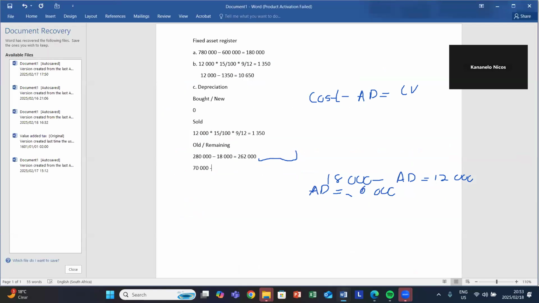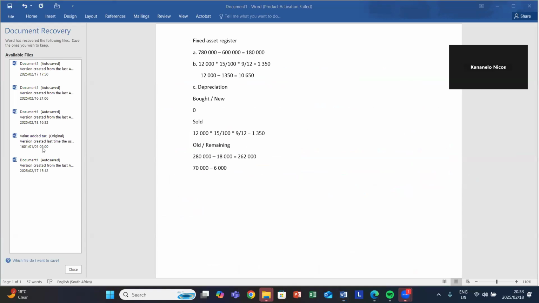We'll say 70,000 minus 6,000 rand, which gives 64,000. And therefore, you have your cost price for all the remaining, and also your accumulated depreciation for all the remaining. Therefore, you can calculate your depreciation.